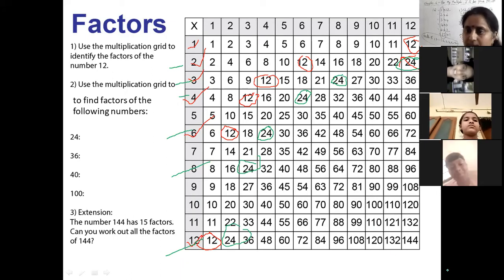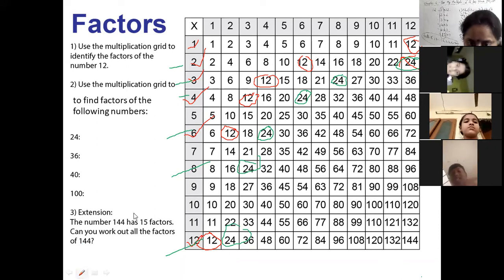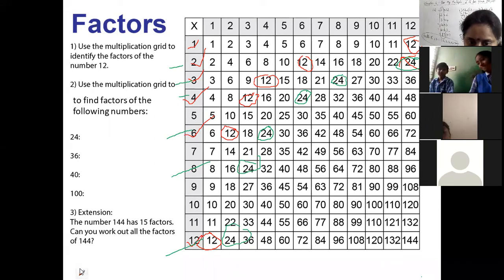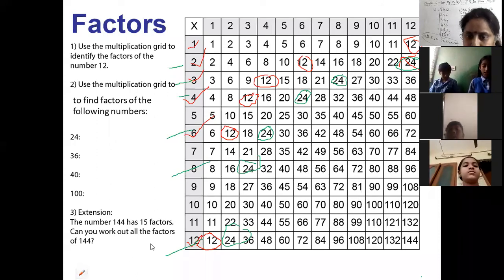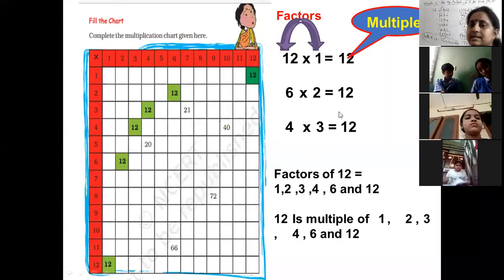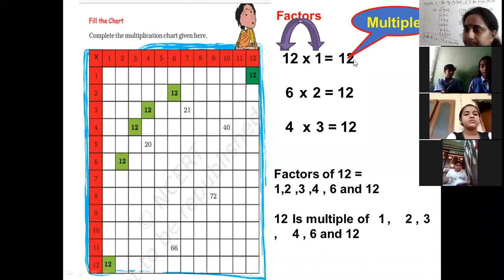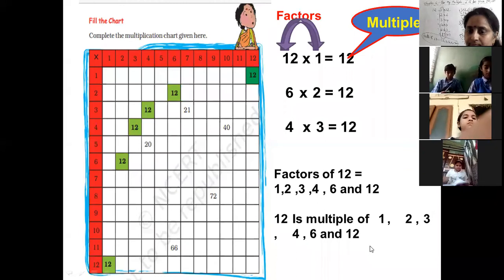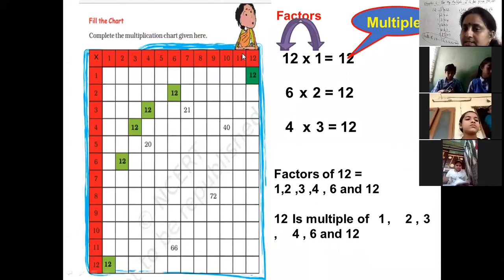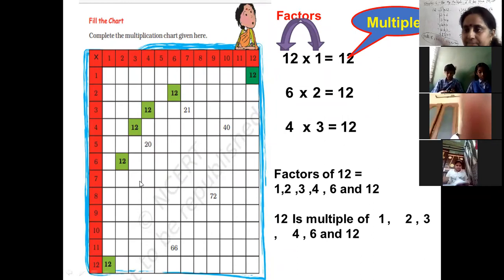Let us go for another one. See here, this is the grid we saw in the previous slide.